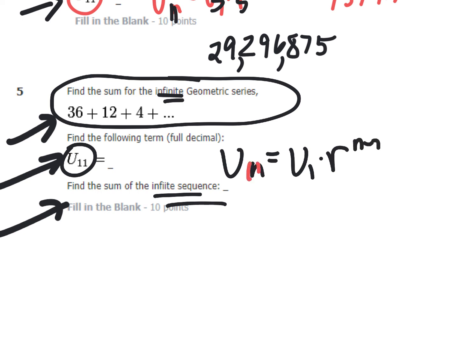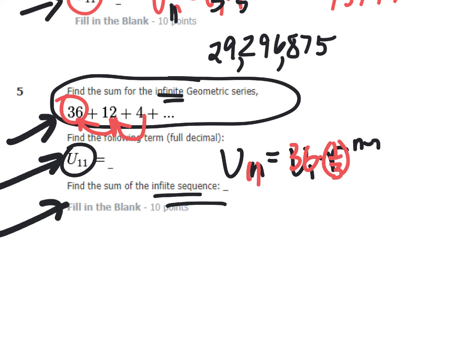U sub n is 11, and u sub 1 is 36, starting number, times r, which is, well, if I take this divided by this, 12 divided by 36, that's 1/3. 4 divided by 12, 1/3. It's better to use that than a decimal, because if you typed in 0.3, that's not very accurate. 1/3 is actually 0.33333, so you probably should use 1/3 on the calculator.